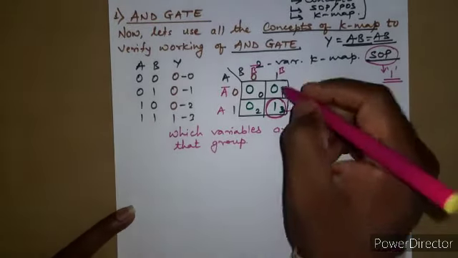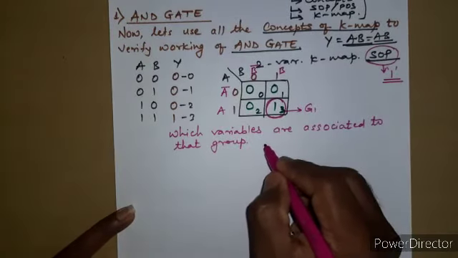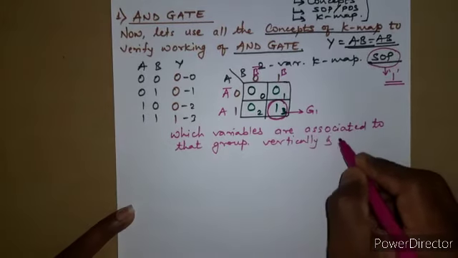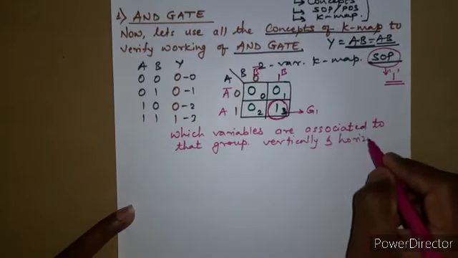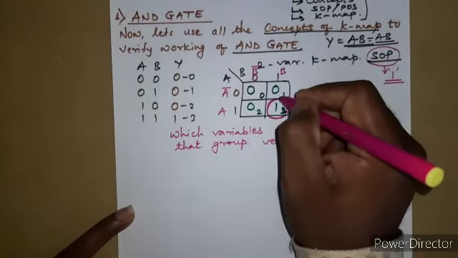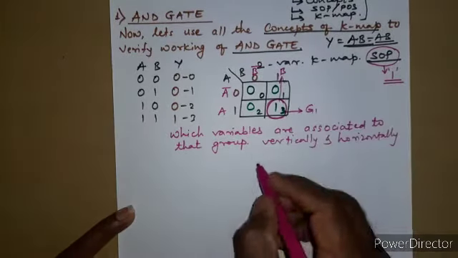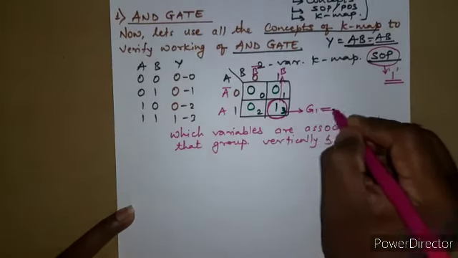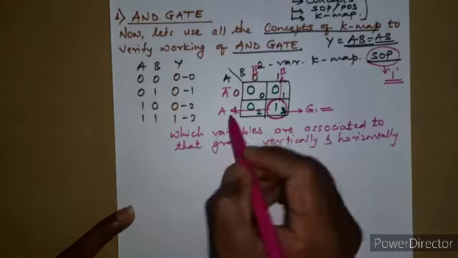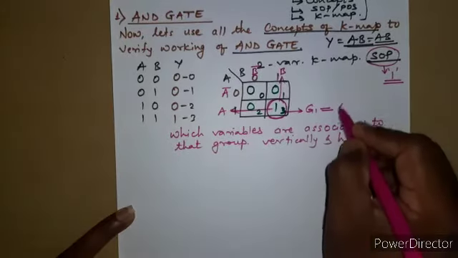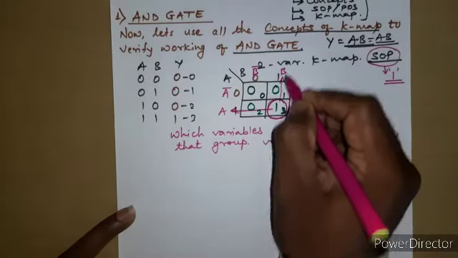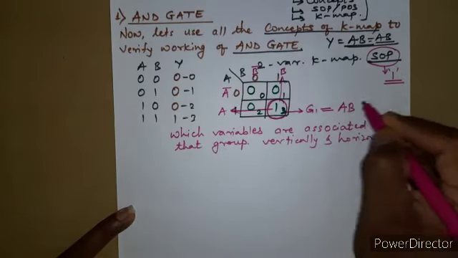Okay, so if you see, now we need to go vertically and horizontally. If you move vertically this way, we have B, or we can first go horizontally. You can see we have A associated, and to the same group this B is associated.